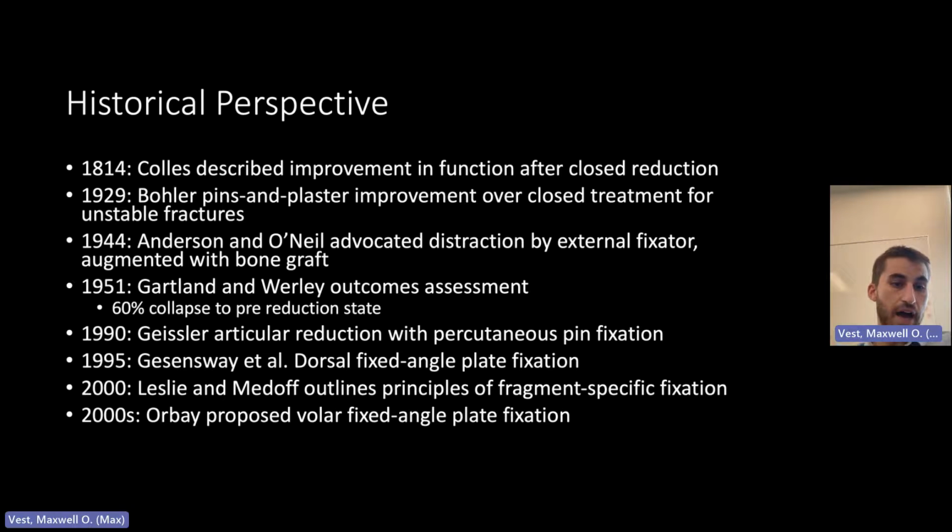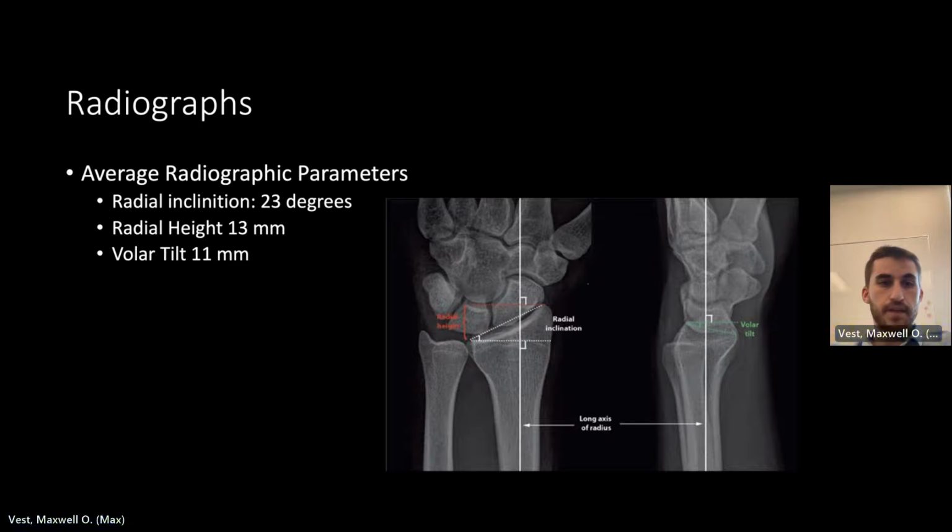Then in 2000, Lesley and Medoff outlined principles of fragment-specific fixation. And then in the 2000s, Dr. Orbay proposed volar fixed angle plate fixation. And then as of today, probably the most common way distal radius fractures are being treated is with volar plates.